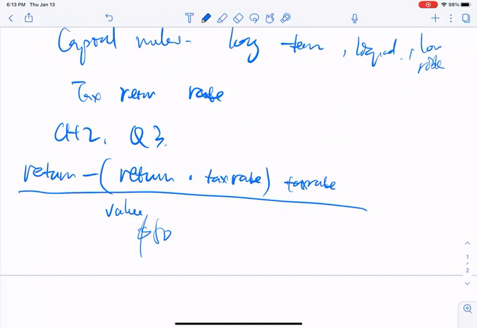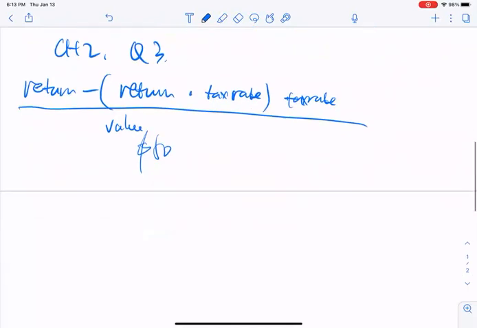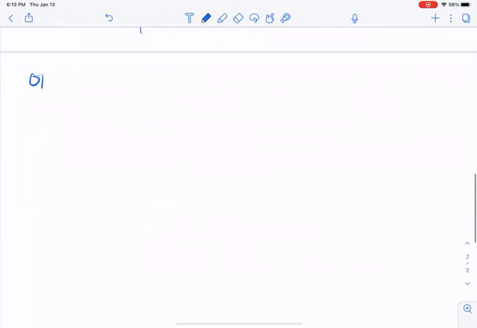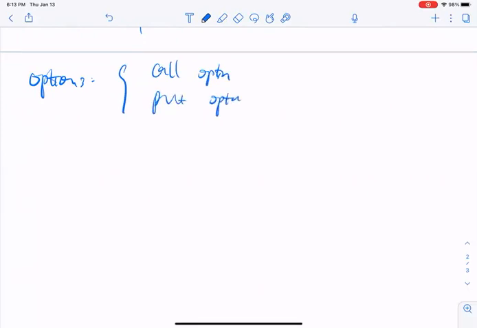And after this, you learned options. This is something that you probably want to put some time to really understand the logic behind it. Usually we have two options, call option and put option. So instead of thinking of it as something very difficult, I would really just think about it as a contract.